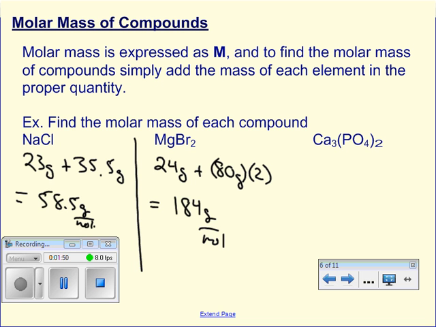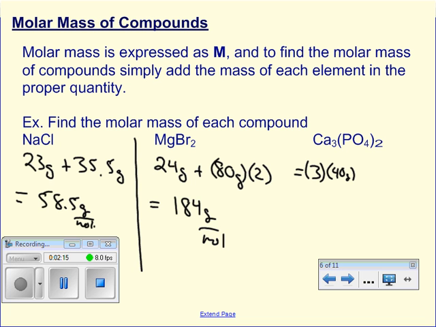Now let's take a look at calcium phosphate. So now we have Ca3(PO4)2. So we have to take into account all of these atoms and have each individual one accounted for. So I have calcium, which is 40 grams per mole. I have 3 of them, so 3 times 40 grams.